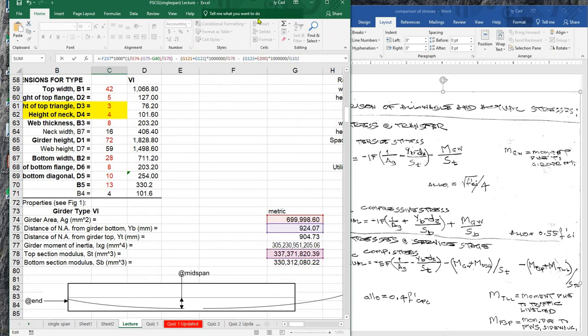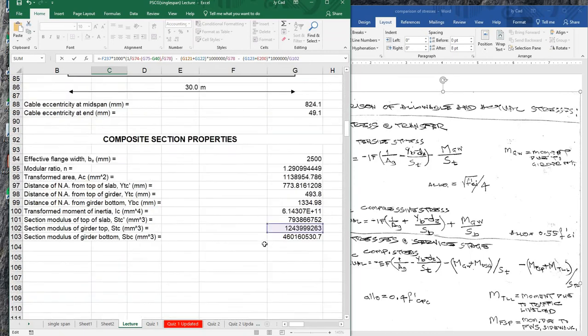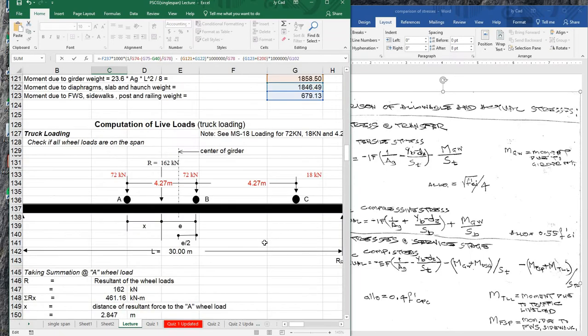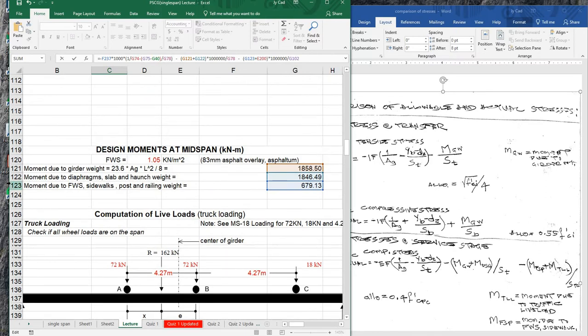Next. Here I am now at the moment girder weight plus moment due to diaphragm, slab, and haunch. And this is G121 and G122. There. Okay. 121 and 122. Next is all over G78.